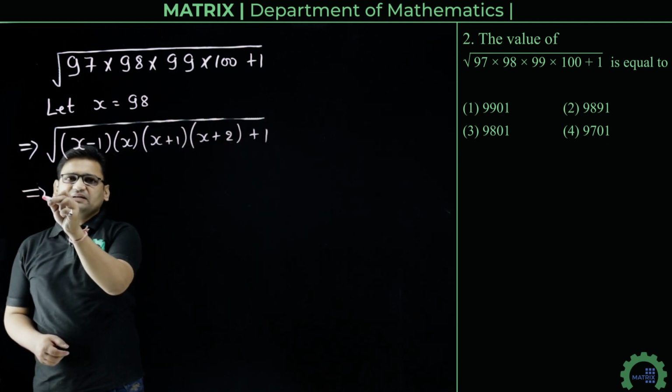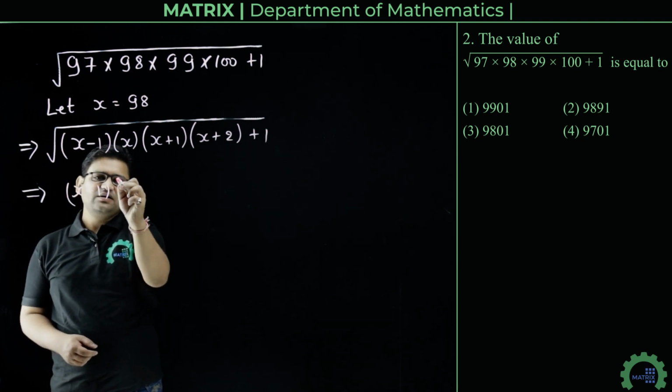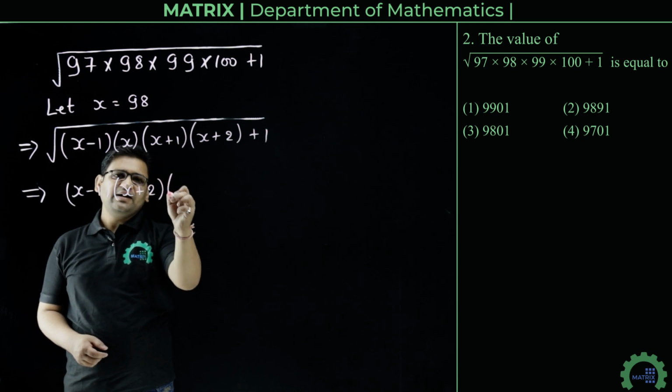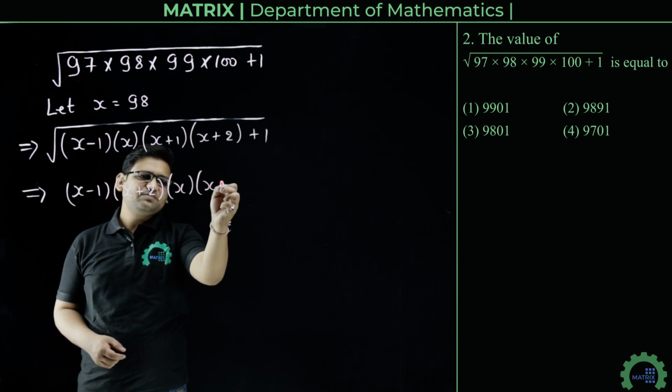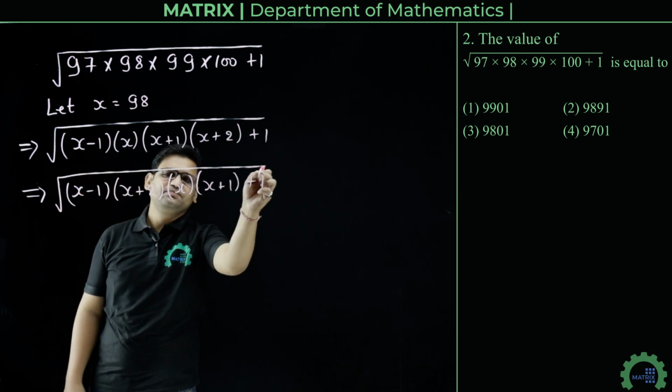Now rearranging these terms, x minus 1 multiplied by x plus 2, and x multiplied by x plus 1, whole square root.